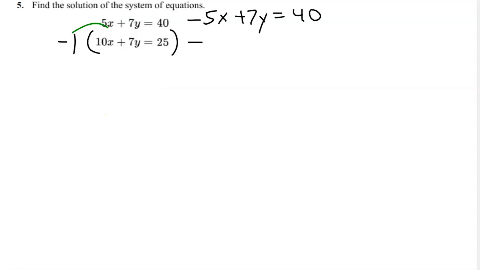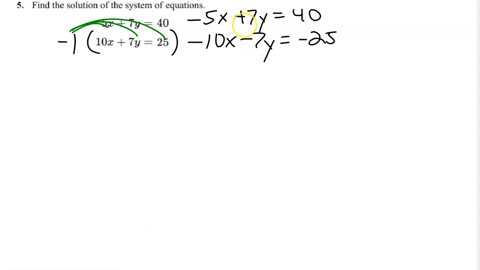And then 1 times 10 is 10x. Next I'm going to do a negative 1 times 7y. Negative times a positive is a negative. And 1 times 7 is 7. And then again, negative 1 times 25, negative times a positive is a negative, and then 1 times 25 is 25.